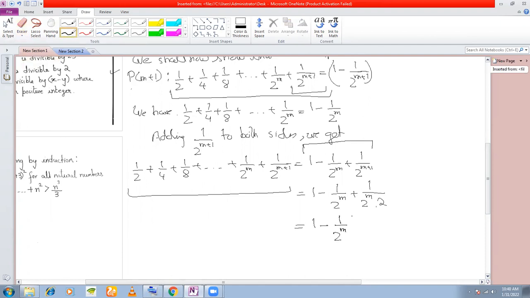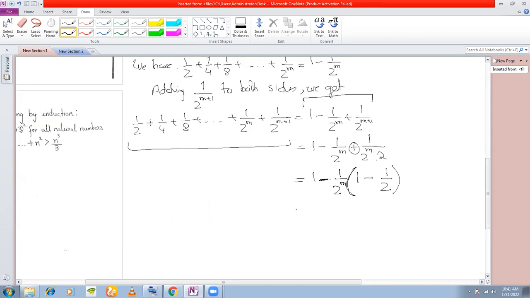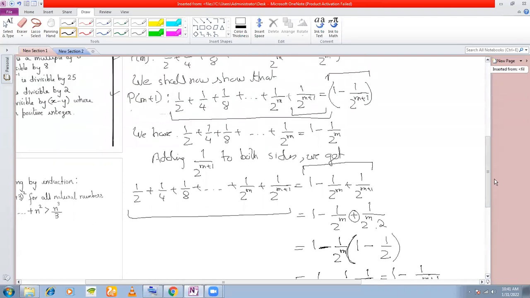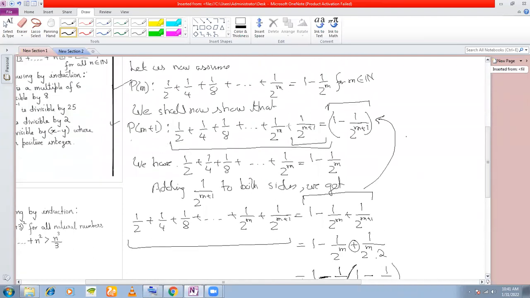If you take common, you're left with 1 here, and because you're taking a minus sign and introducing a bracket, this sign will change to a minus sign, 1 minus half, right? Yes, sir. 1 by 2 to the power of m, and 1 minus half is half, which is equal to 1 minus 1 by 2 to the power of m into 2, isn't it? So have I shown this is equal to this?